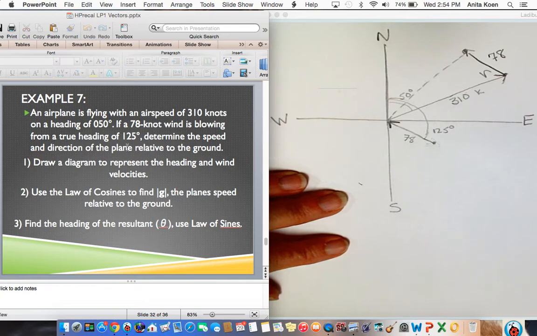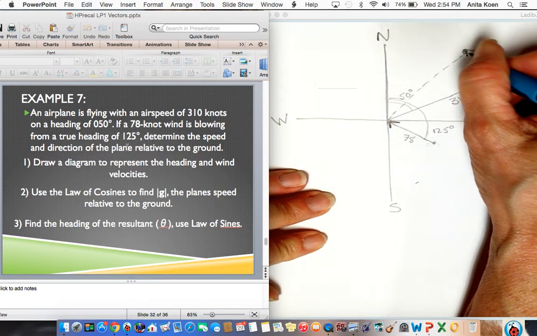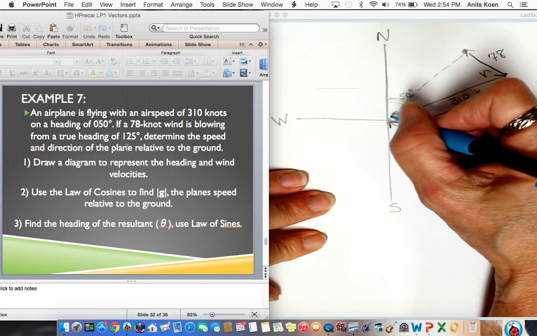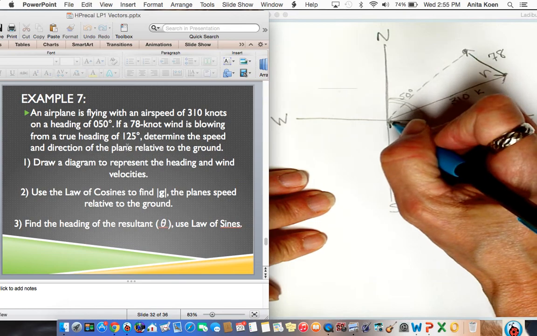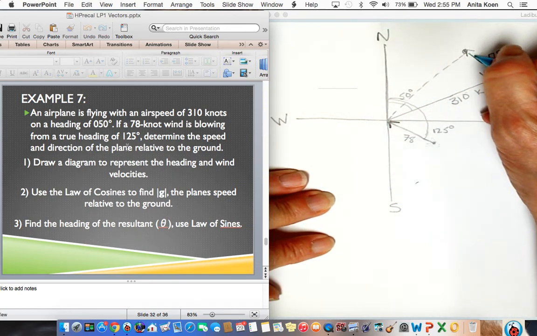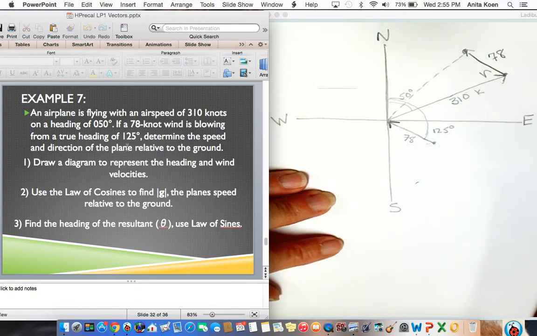Now I'm going to use the law of cosines to find the magnitude of g. This is going to be my g here. Let's take a peek at this for a minute. If you look at this vector and this vector, I hope you can see that they're parallel because they're going in the same direction.